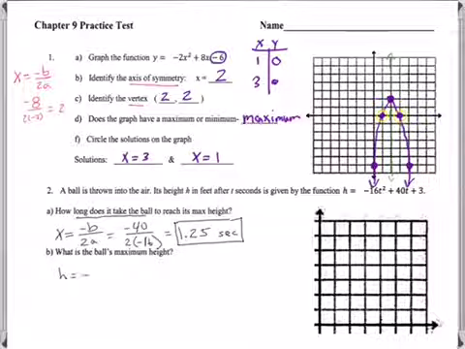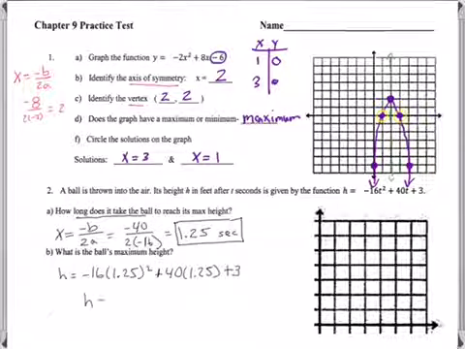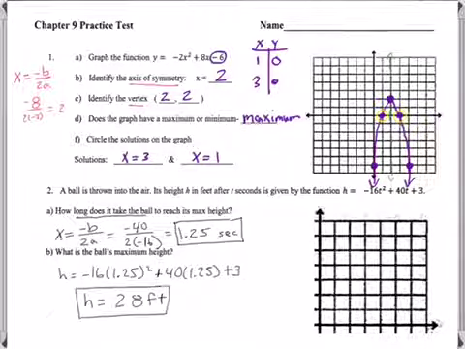So h equals negative 16 times 1.25 squared plus 40 times 1.25 plus 3. If you plug this exactly like this into your calculator, you should get the answer you need, which will be 28 feet. So it takes 1.25 seconds for the ball to reach its maximum height, and the maximum height will be 28 feet.